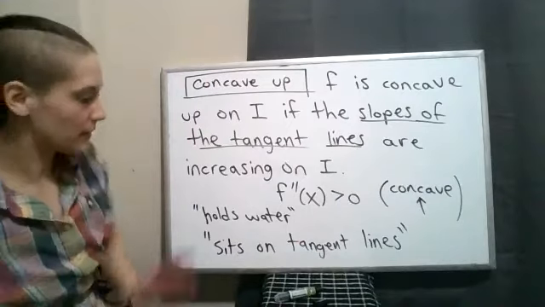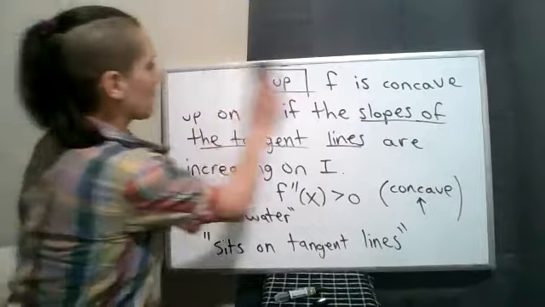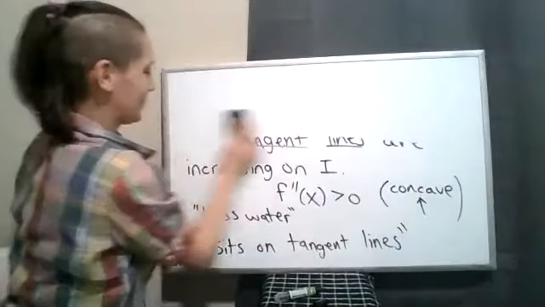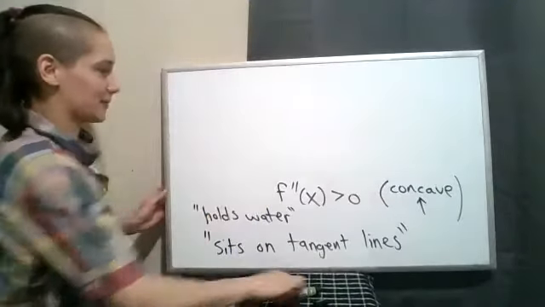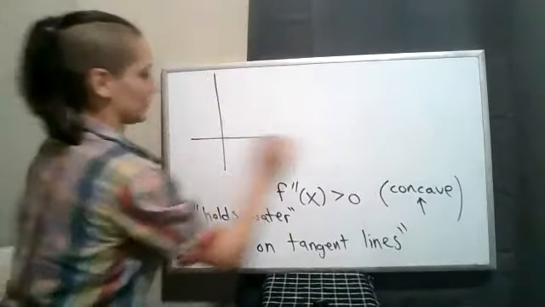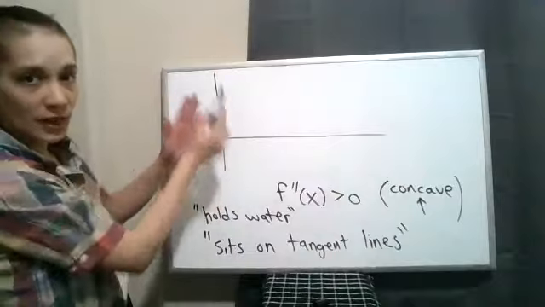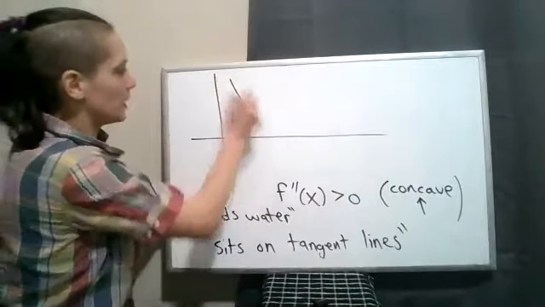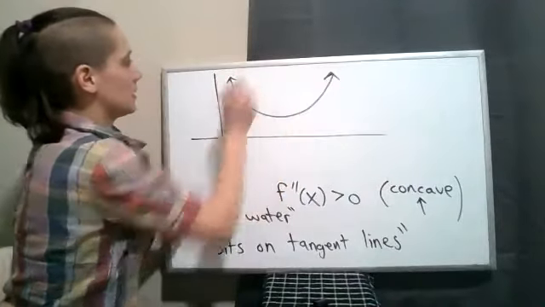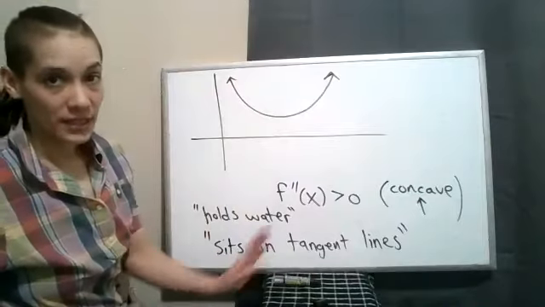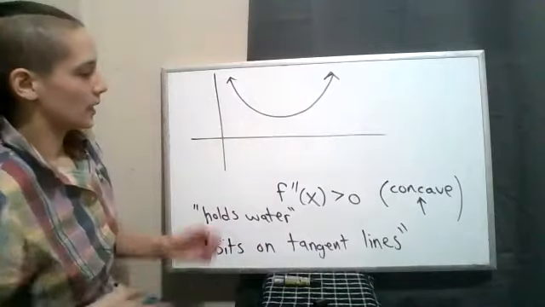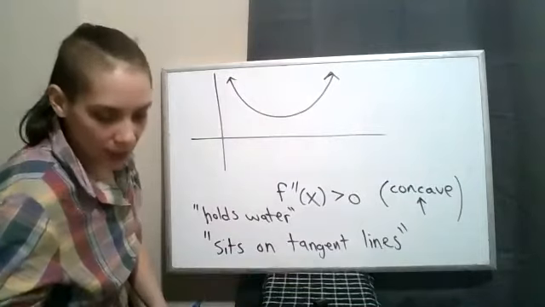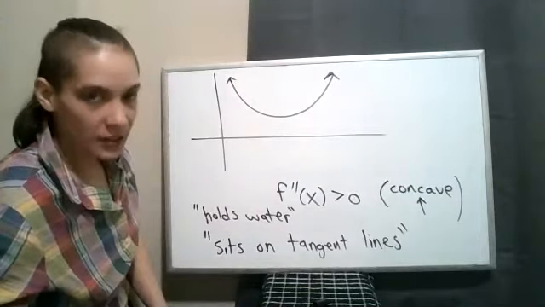Okay, so I have the graph. First we're drawing the function f, like something like this. Then we'll draw tangent lines, and let's write down slopes of tangent lines as we go.